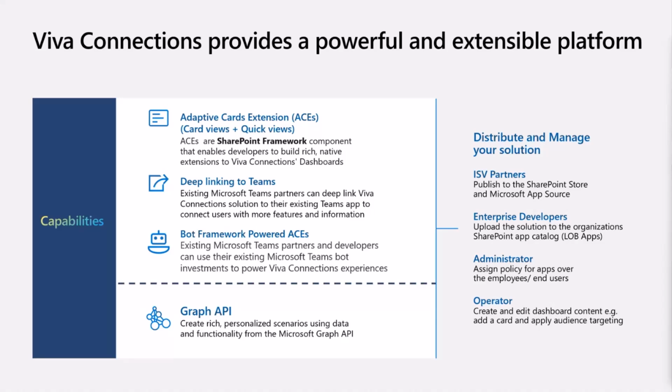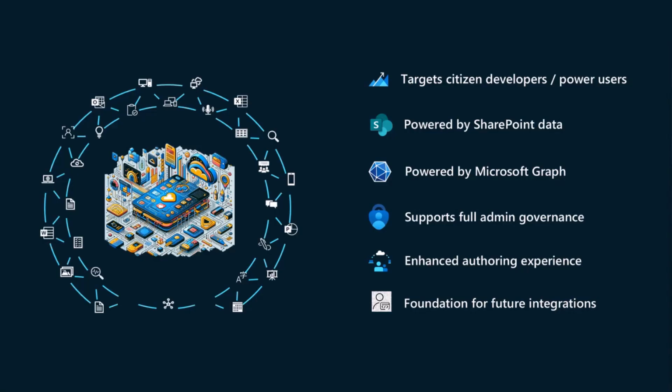So you can actually build these things directly without code for Viva Connections. That's basically our card designer capability. It's really targeted for citizen developers and power users. It's powered by the SharePoint data behind the scenes, powered by the Microsoft Graph. Both of those data endpoints are available to hit from an API perspective to collect information and surface that information.